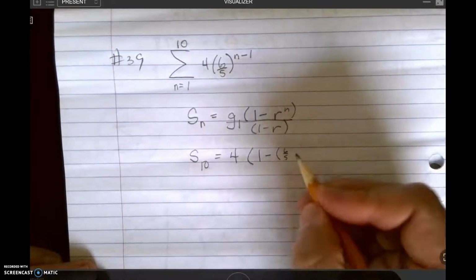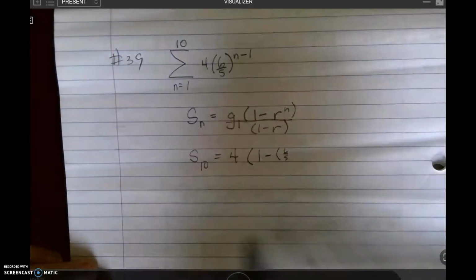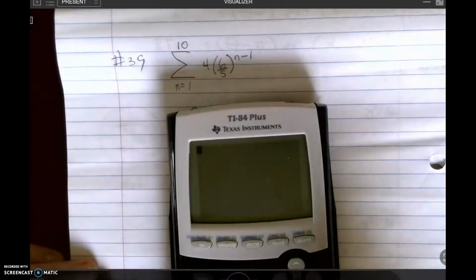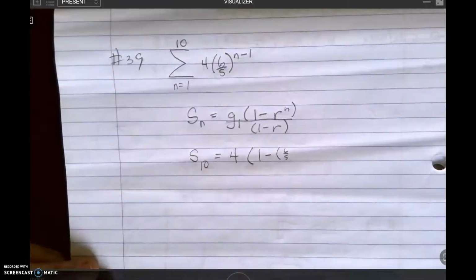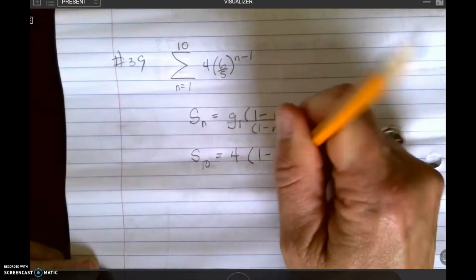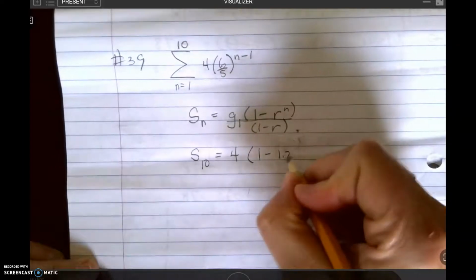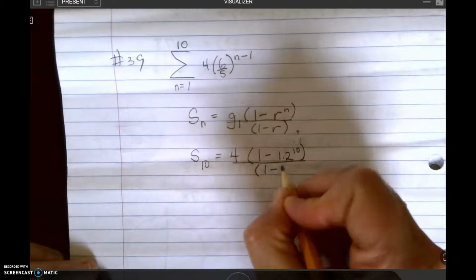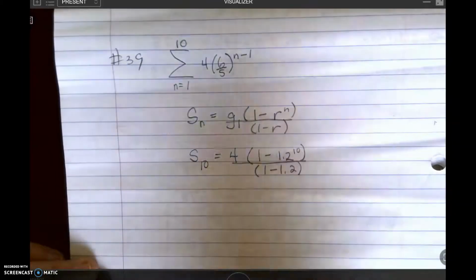Now I could, if I wanted to, change 6/5. See, 6 divided by 5 is 1.2. I think I want to use the decimal instead. 1.2 to the 10th power, all over 1 minus 1.2.